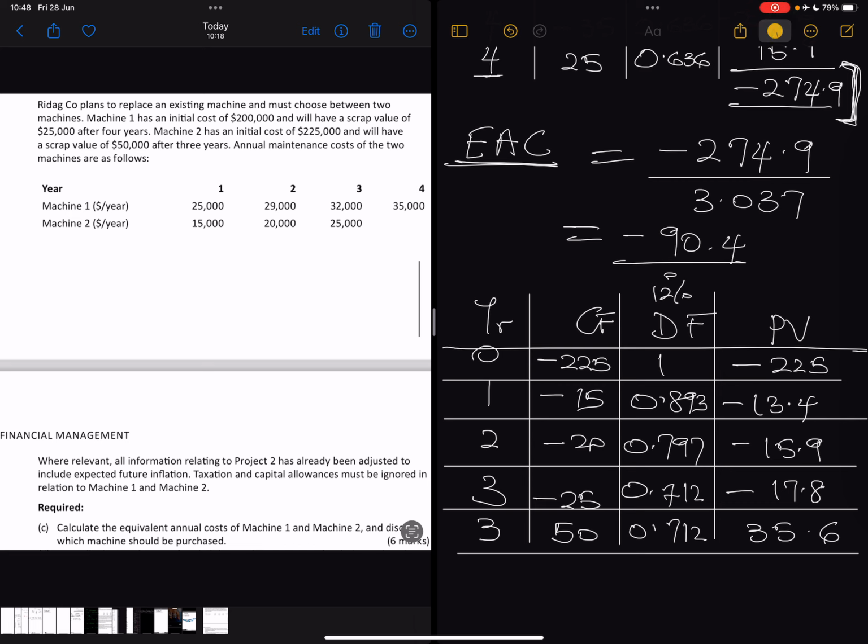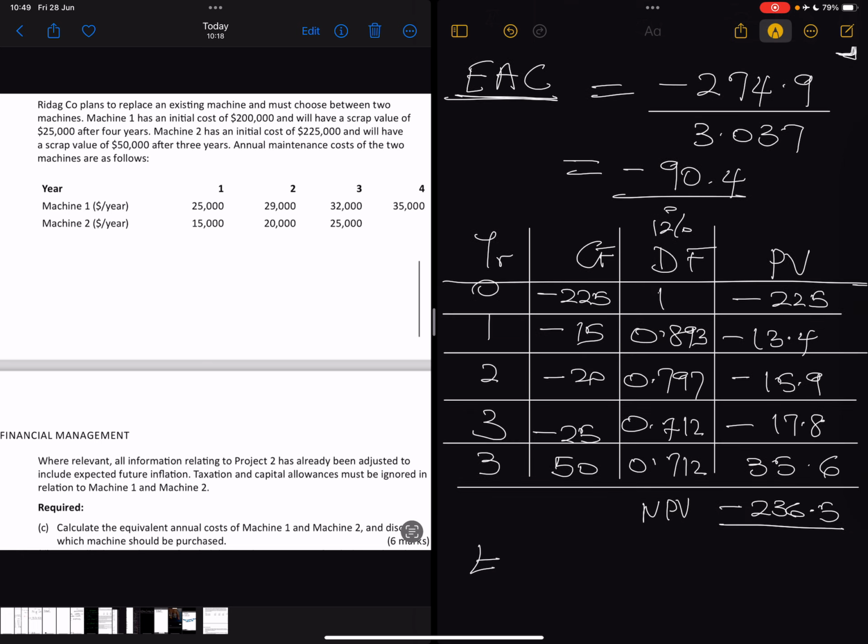If we add all of that together, we have 35.6 minus 17.8 minus 15.9 minus 13.4 minus 225. We have negative 236.5, so NPV equals negative 236.5.